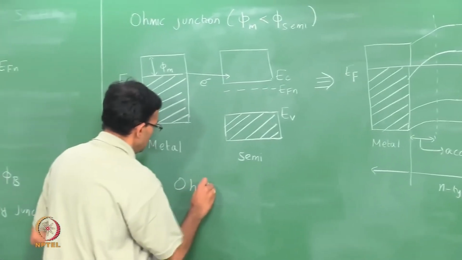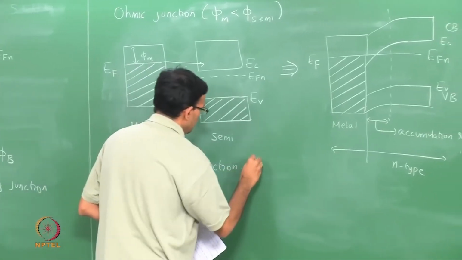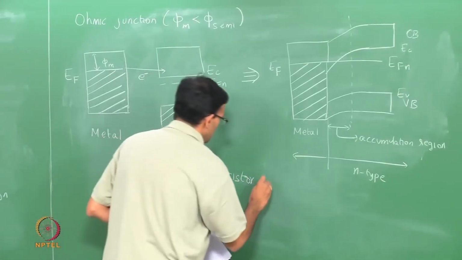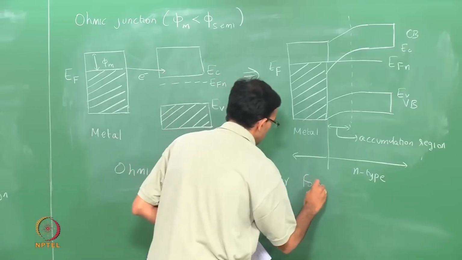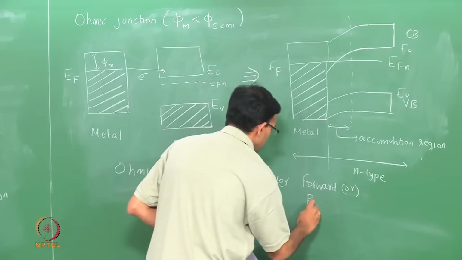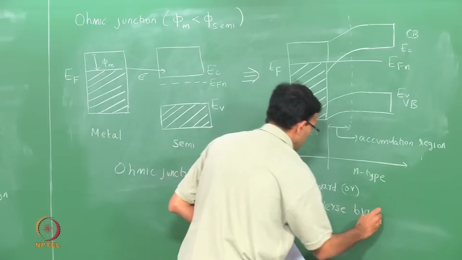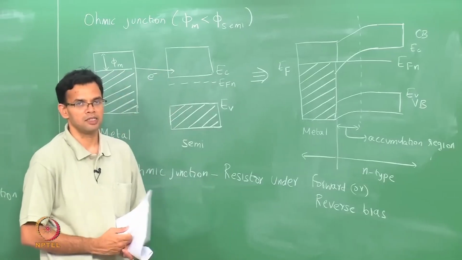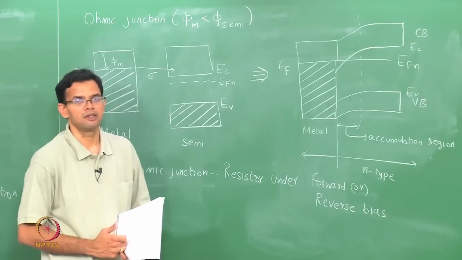So, an ohmic junction will behave as a resistor under forward or reverse bias. So, the junction will conduct whether you have a forward or a reverse bias, and the conductivity is determined by the resistance of the n-type semiconductor.